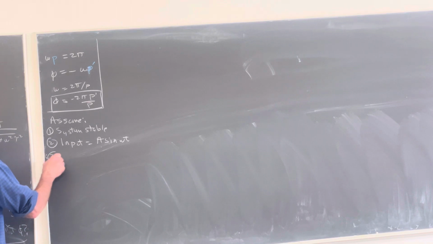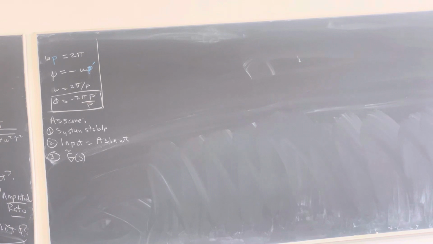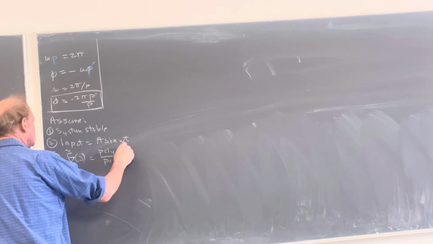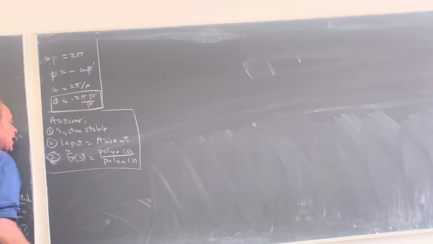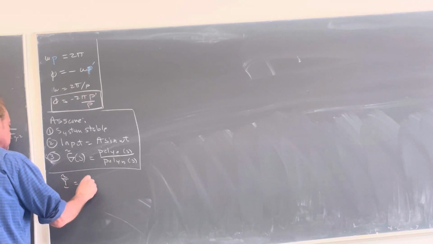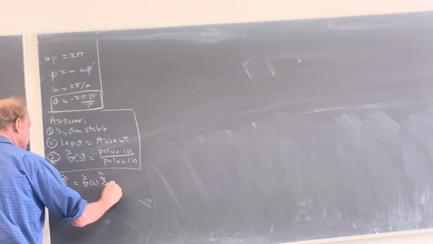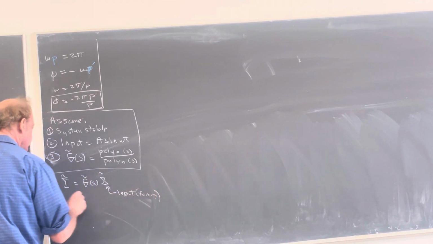And finally, I'm going to assume that g tilde of s, the transfer function, is a ratio of polynomials. And now, what I'm going to do is do the problem. And remember, in our problem, we always have that y tilde is equal to g tilde of s, x tilde, where x tilde is the input for the forcing, and y tilde is the output.